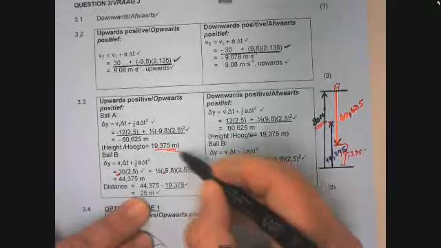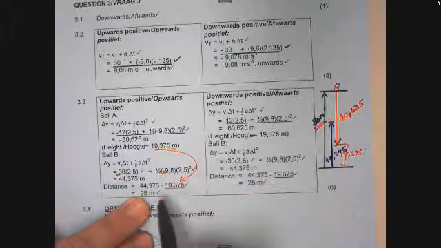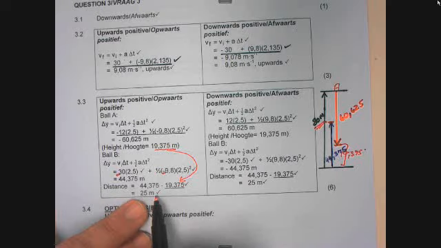So if you use that value here and subtract it from 44.375, then you will get a mark for the substitution, and then the answer, you will forfeit the mark on the answer.